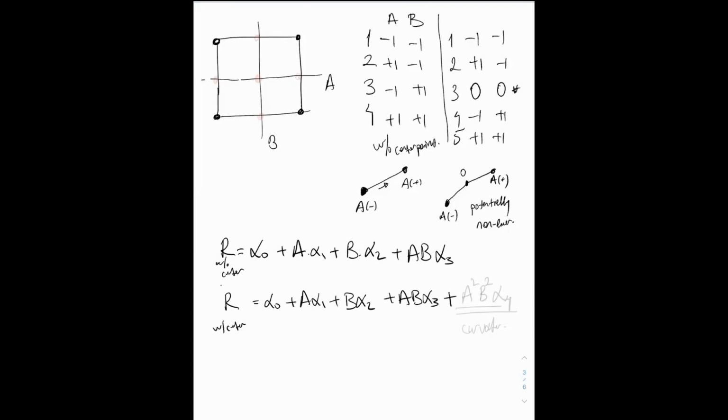Now you're adding a nonlinear term, so it's a second order term, A square B square alpha 4. In other words, now you added a curvature to your system, and your responses can change in 3D as opposed to just 2D. So it's something to think about when you do center points in measurements.